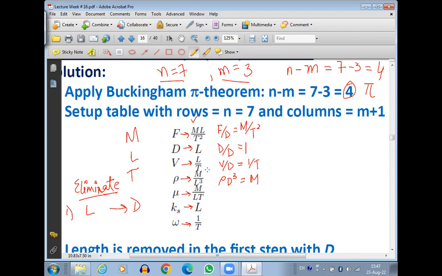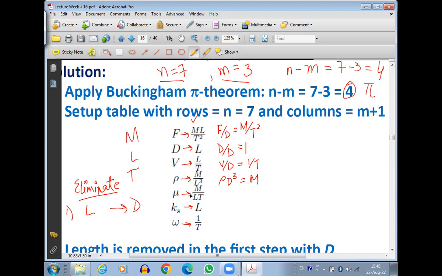It's just 1. Here, density was M by L cubed. I have to multiply by L cubed. But L I am representing as D. So multiply by D cubed. So length eliminated. Now it's just M. Okay, let's talk about viscosity here. M by LT. I want to eliminate L, so I had to multiply by L.